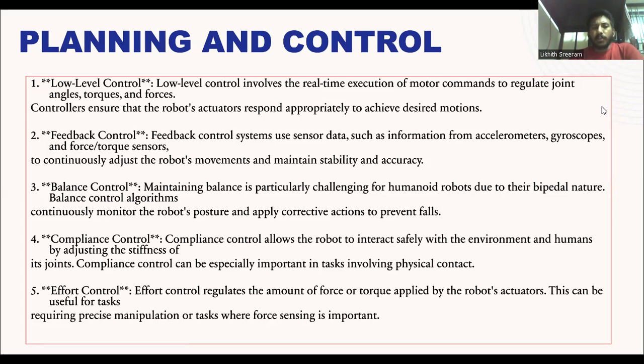By using feedback control, we can adjust the robot's movements and maintain stability and accuracy.